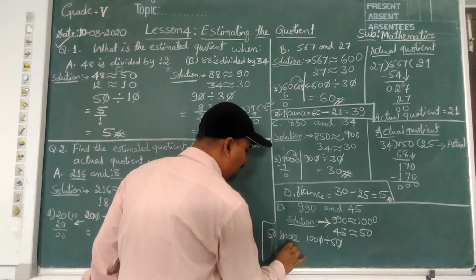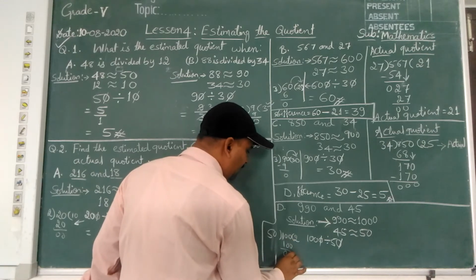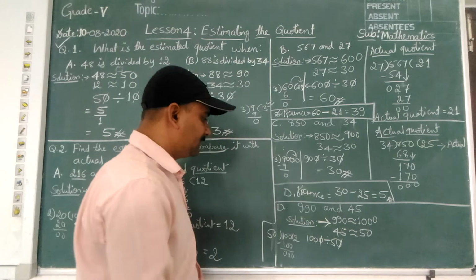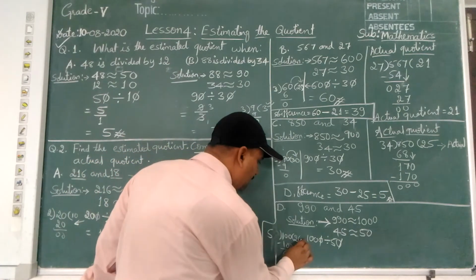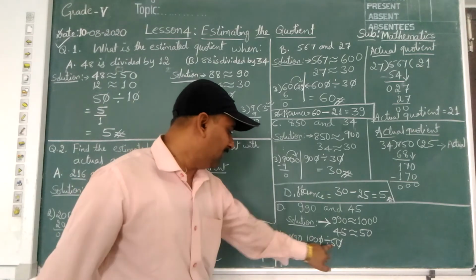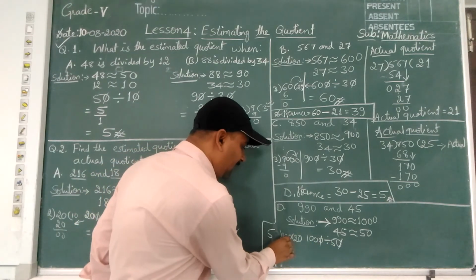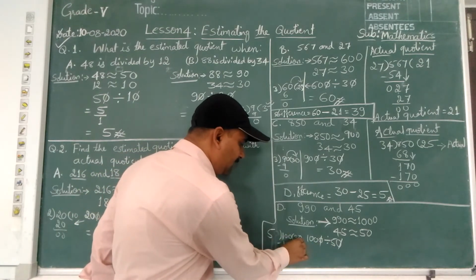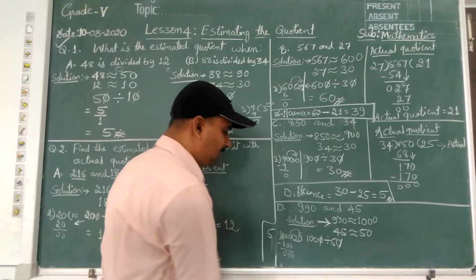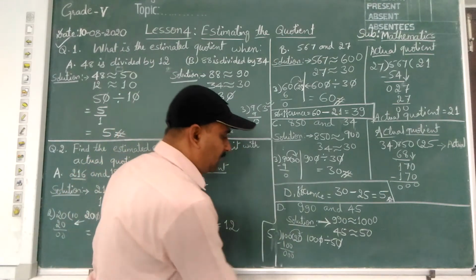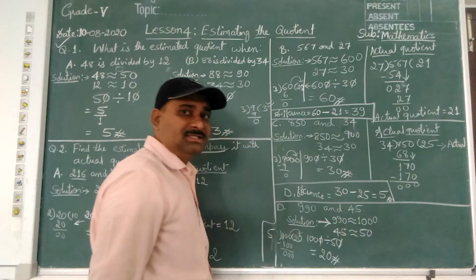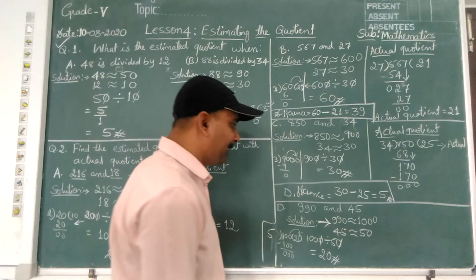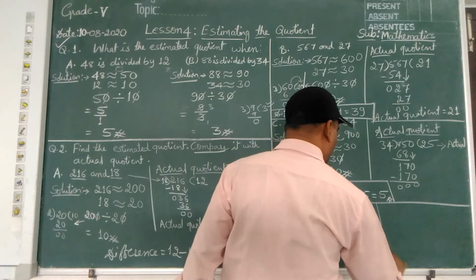Only one 5 is there. 5 twos are 10. This 0 comes here. So estimated quotient is 20.